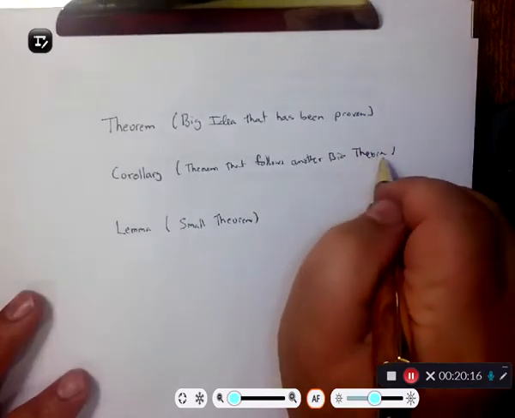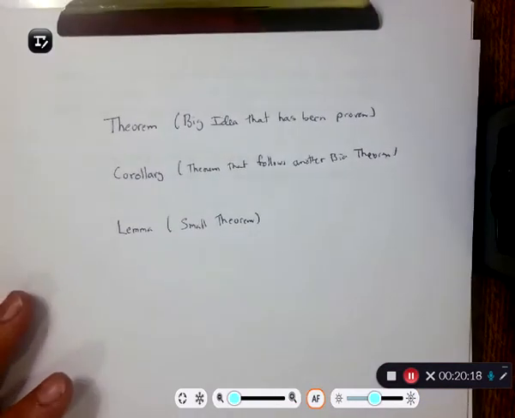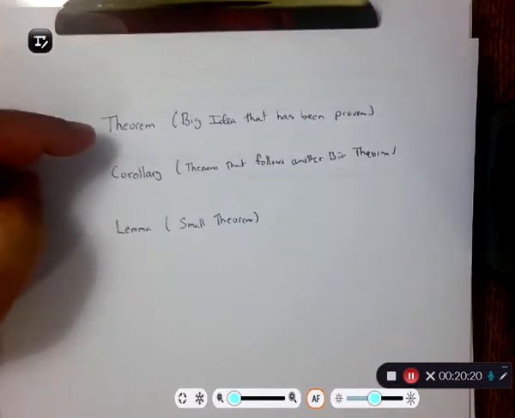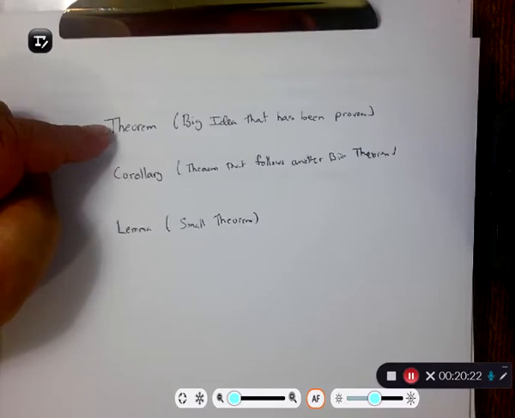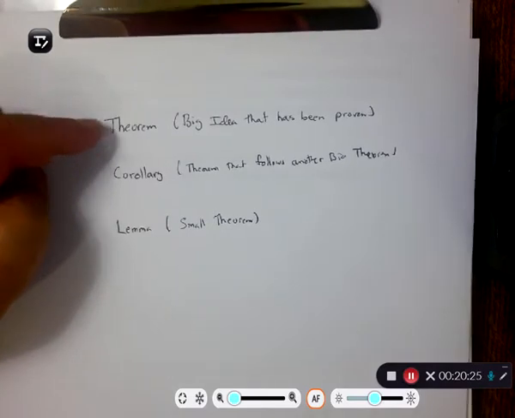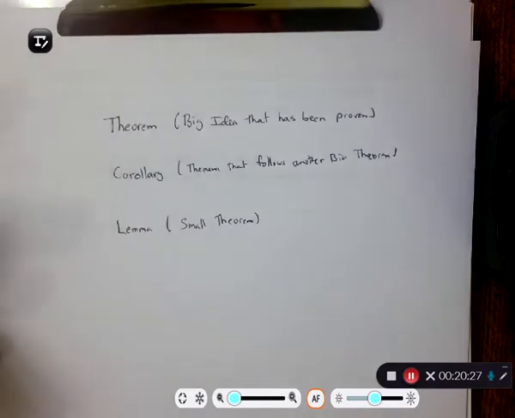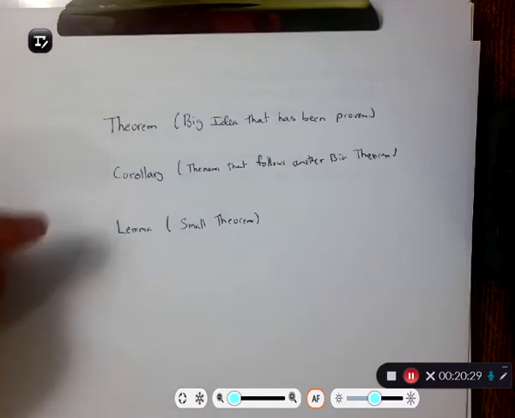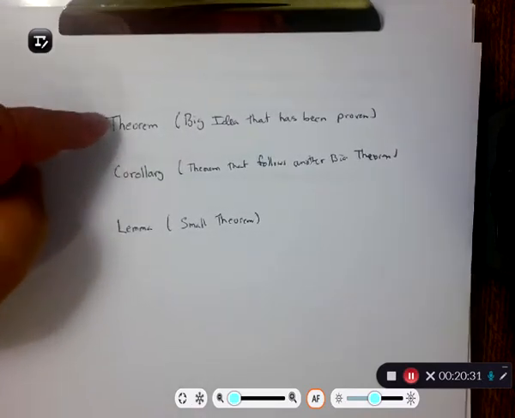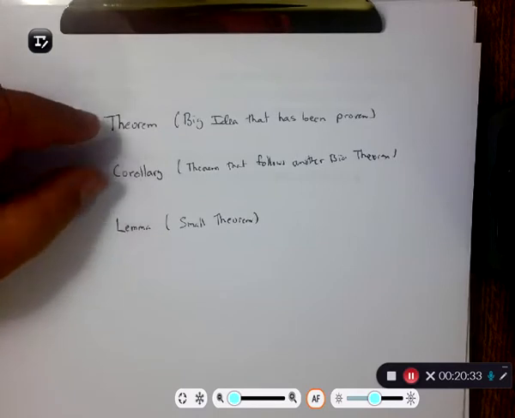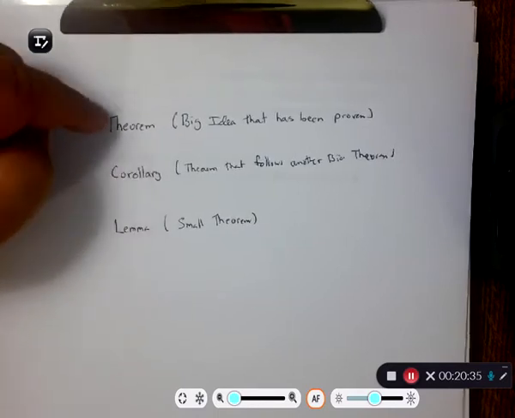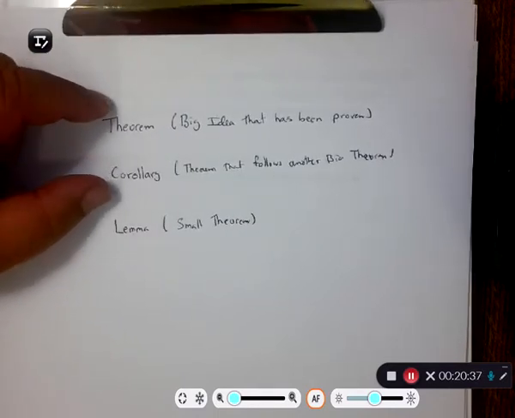So when we're talking about these, I've got this big theorem that came up, and immediately after that, a couple of other theorems using the same information tend to pop up. Same ideas, same setup. We would call these corollaries. So when you have a corollary, it follows from a big theorem. These are all related and connected.